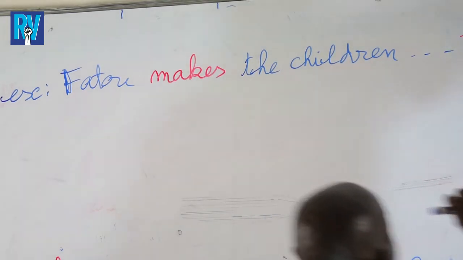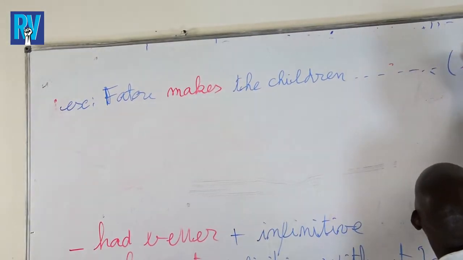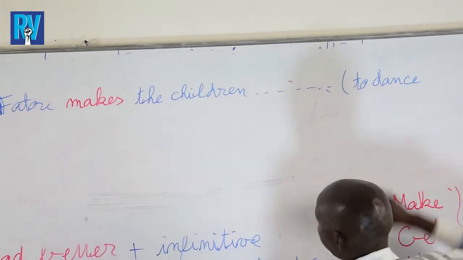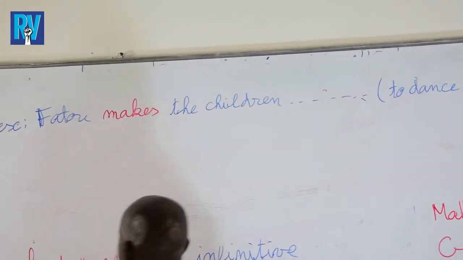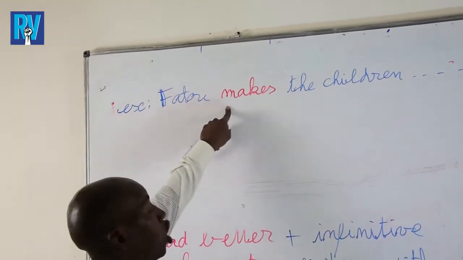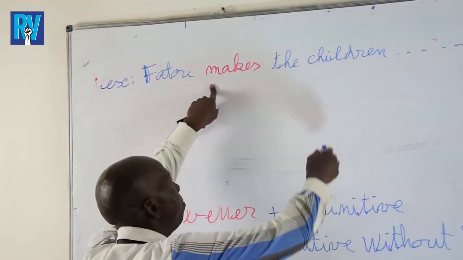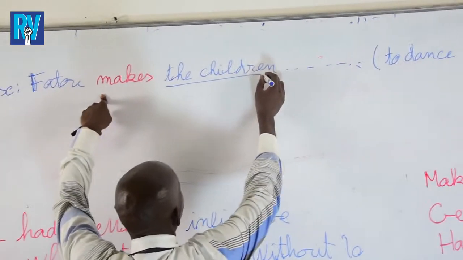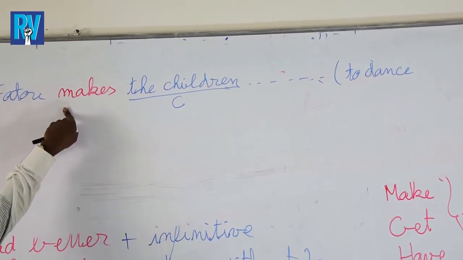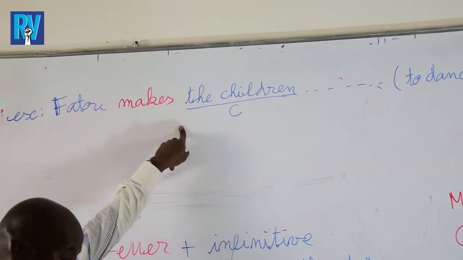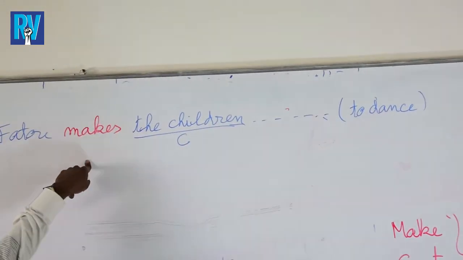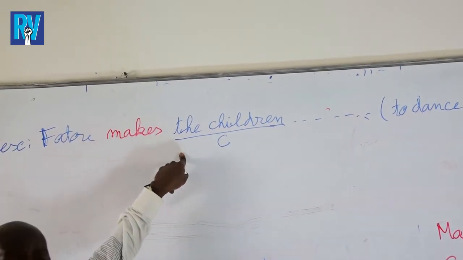And I am asked to write the verb to dance. Listen. I have the verb make. Factual makes who? Complement or object. The children. And I have the verb to dance. Factual fait danser qui? Les enfants.